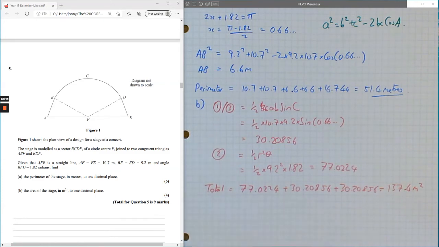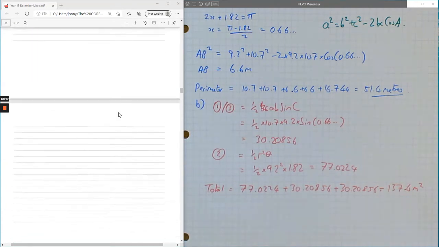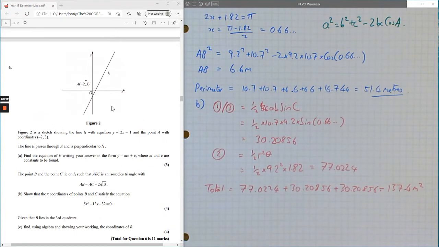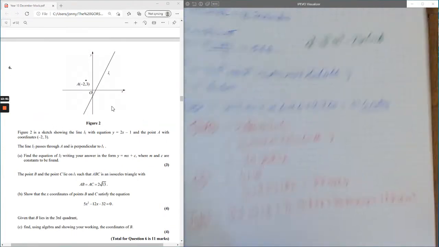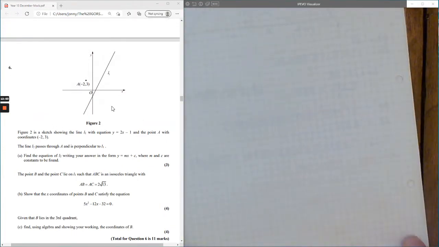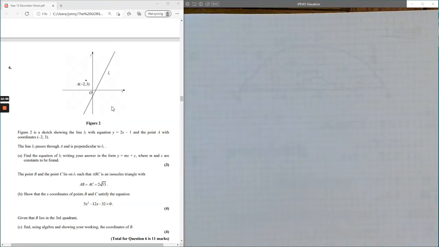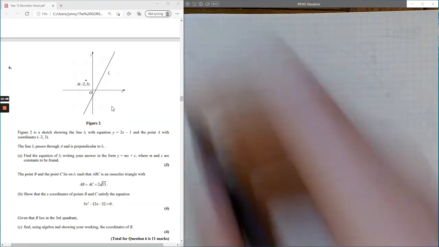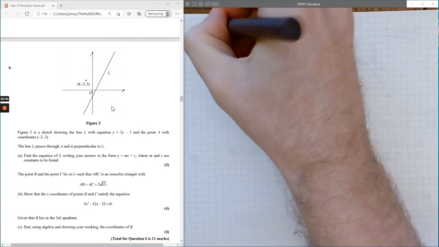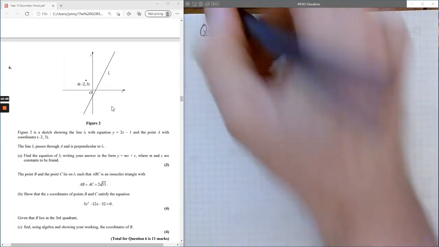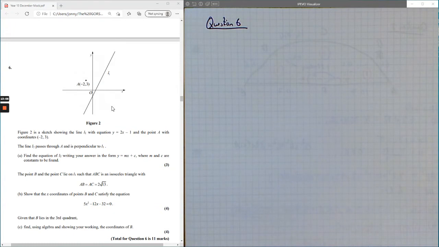Okay, that's question 5, and then question 6. Moving on to that. Okay, some coordinate geometry. So in question 6, we have a diagram.